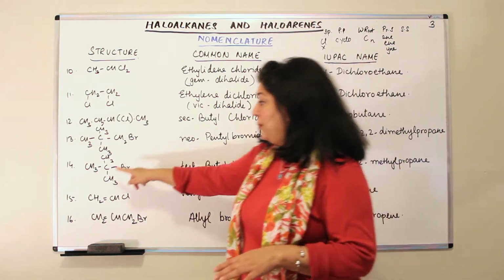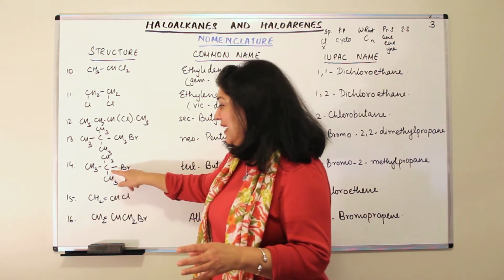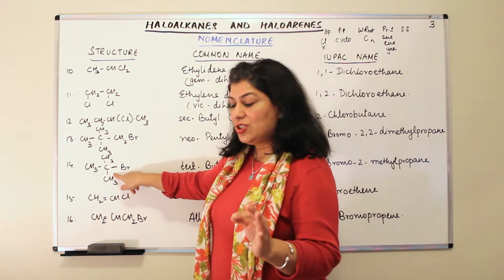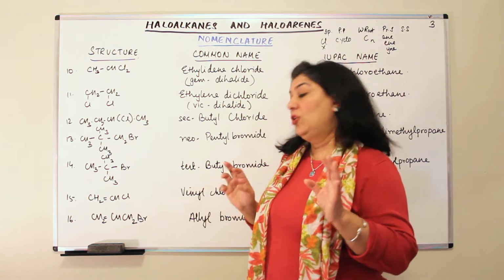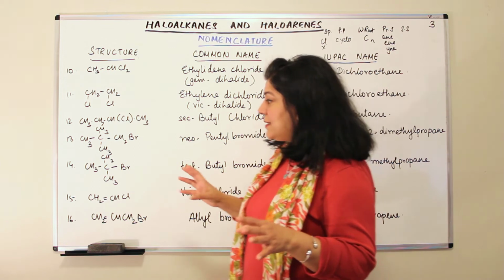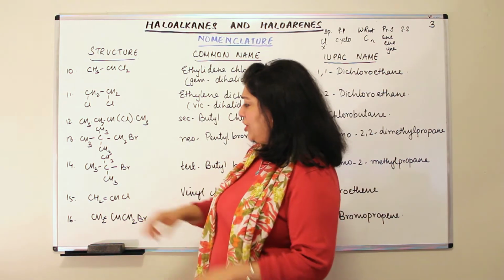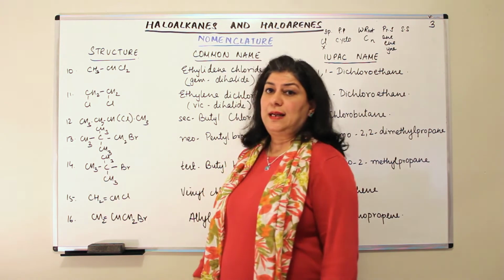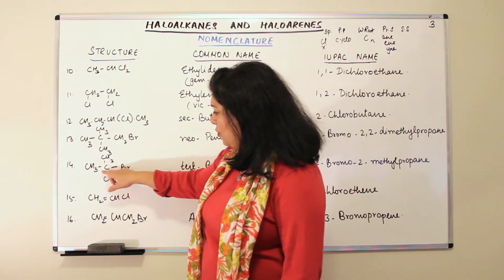So this group has 4 carbons, so it is a butyl group. Since the alpha carbon is tertiary in nature, we'll call it tertiary butyl bromide in common nomenclature. But when you come to IUPAC nomenclature, what will be the longest chain? These 2 carbons would be taken as the longest chain, or rather you would go this way.